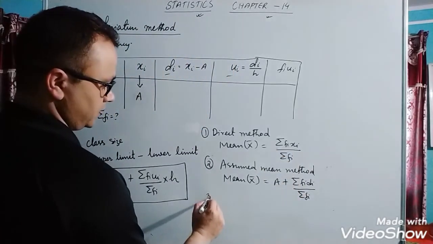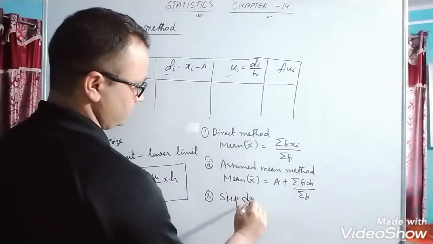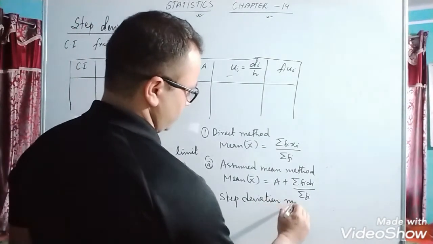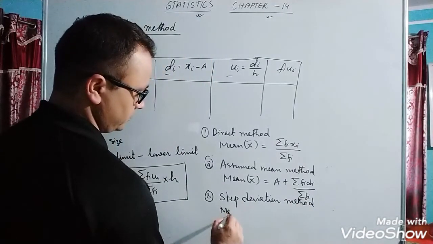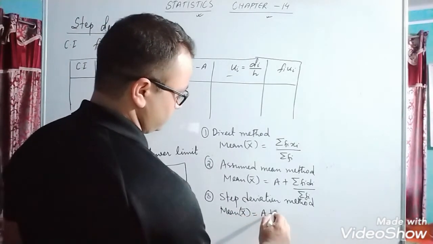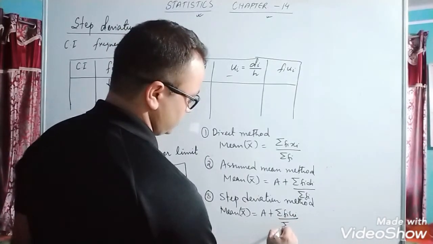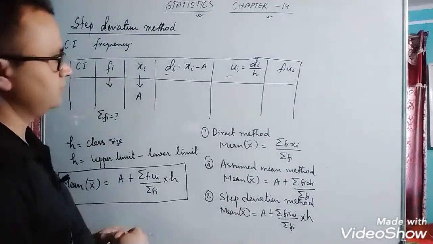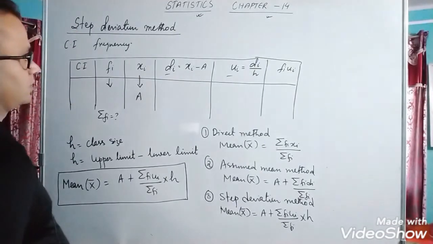And the last one is step deviation method: mean x bar equals A plus summation fi ui divided by summation fi, into h. So these are the formulas for calculating mean. Okay, this was for today. Thank you.